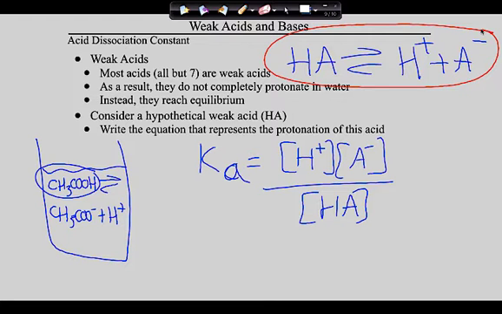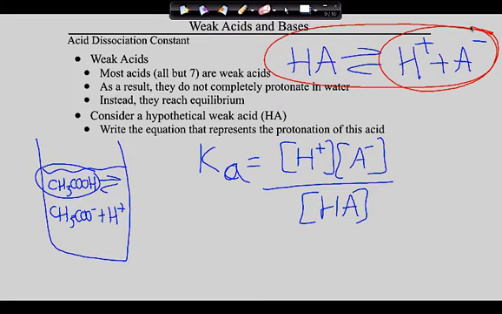A ratio of protonated to unprotonated stuff. So we're not going to think of it as a percentage, but it is a ratio. So guys, fundamentally what Ka tells us is this: how much the acid falls apart. Because the numerator is the amount that fell apart. So what does it tell us if we have an acid with a big Ka value?